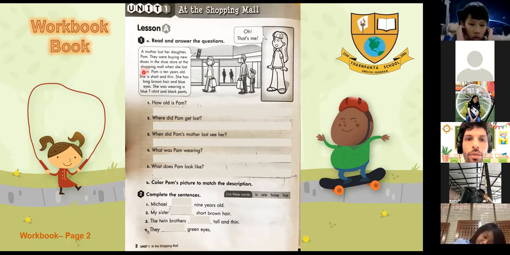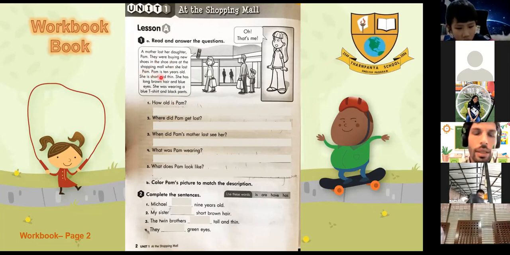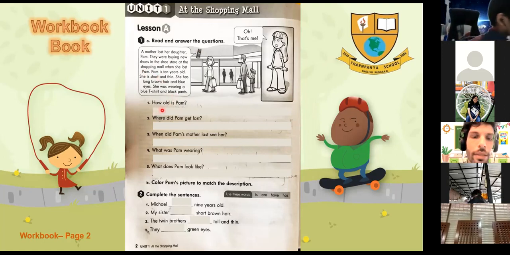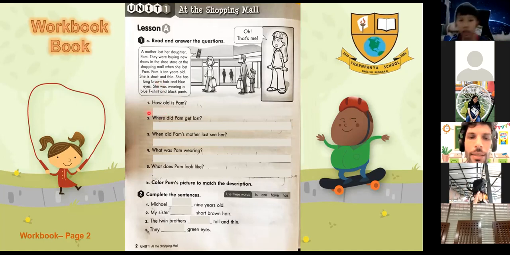Okay, what we can do is just focus on the first activity and, if we have enough time, complete some answers. If we don't finish on time, we're going to continue next class. So what we need to do now is to read and answer the questions.